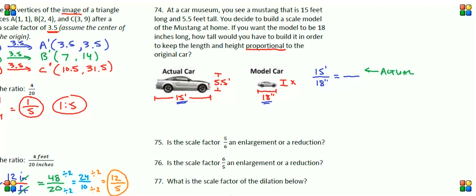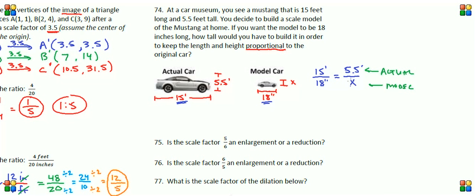That means we have to write the height here from the actual car, which is 5.5 feet. The bottom of this proportion is going to be the measures from the model car. So if 18 inches came from the model car, then the height needs to come from the model car in the denominator, and that's going to be the value of x.